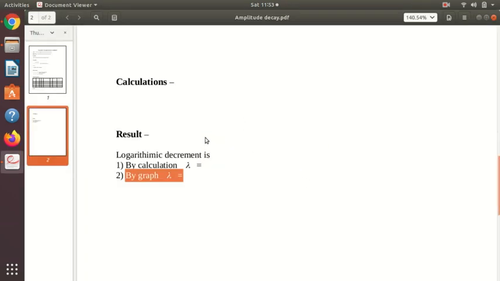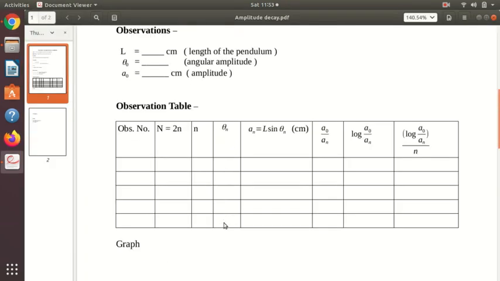So you will fix theta here, and then accordingly you can find out the n here. Or you can fix n, that is 10, 20, and here it will be 20, 40, like this, so that you have to measure the angle. This will be difficult, so I will suggest you fix angles first and then measure the n, that is the half oscillation. First we will measure full oscillation.